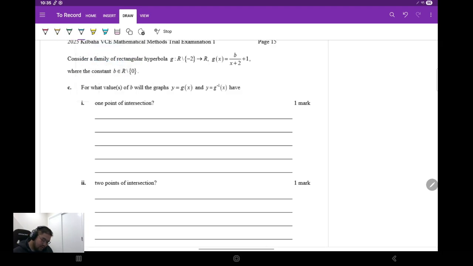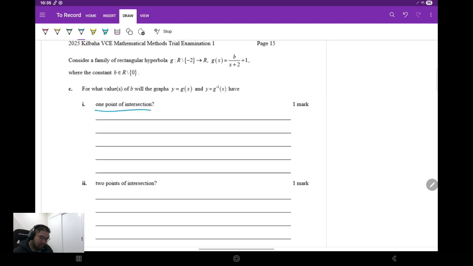So what I'm going to do here is work out where this equals x, because it's talking about the graph and the inverse. So I'm going to equate b over x plus 2 plus 1. Where does it equal x? And then I'm going to investigate that as a discriminant question. And then the discriminant question will tell us whether or not it's got 0, 1, or 2 points of intersection.